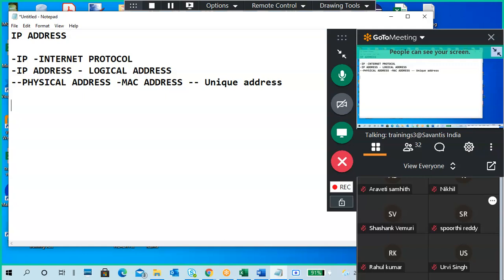What is the use of IP address? Communication. Communicate between two different networks.